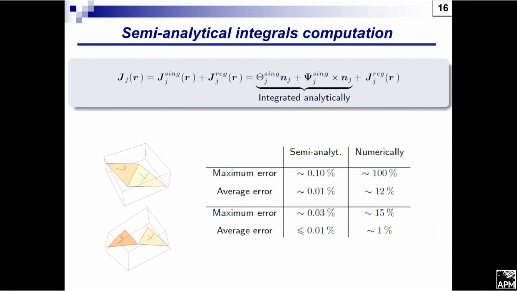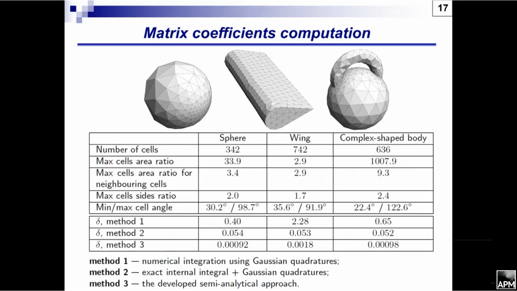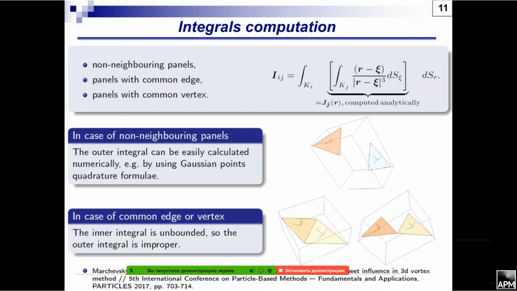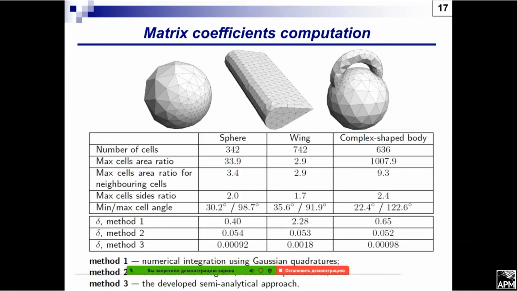So the result is quite good, I should say. The error is just a small ratio of 1%. There are some examples of computations, and the last line shows the relative error when we use the developed approach. The error is rather small.